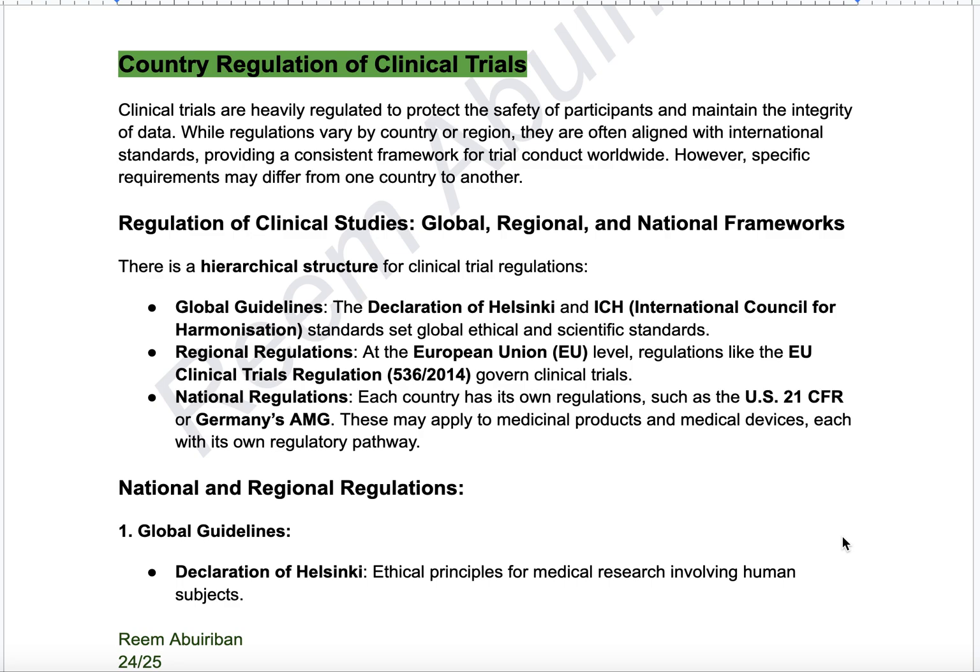Regional regulation, like European Union level regulation such as the European Clinical Trials Regulation, covers clinical trials. In national regulation, each country has its own regulation, such as the US 21 CFR or Germany AMG. This may apply to medicinal products and medical devices, each with its own regulatory pathway.